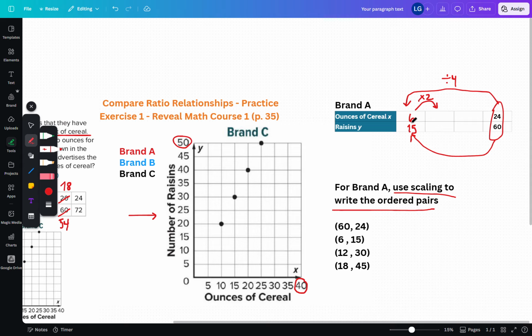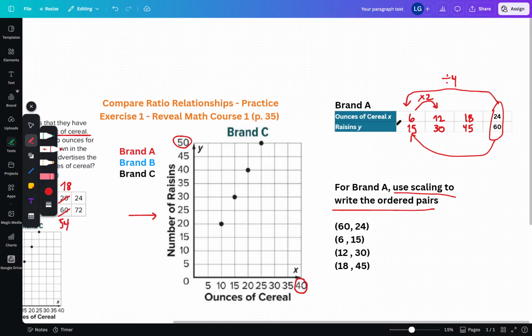So if I multiply this ratio by 2, 6 times 2 is 12, and 15 times 2 is 30. Then if I multiply the same ratio by 3, I'm going to have 18 and 45. And it's the same as adding 6 to 12 and 15 to 30 to get this ratio.